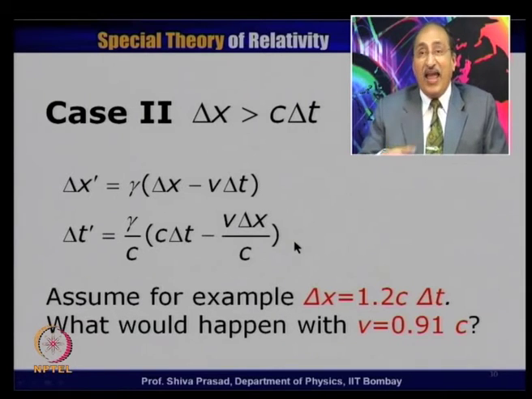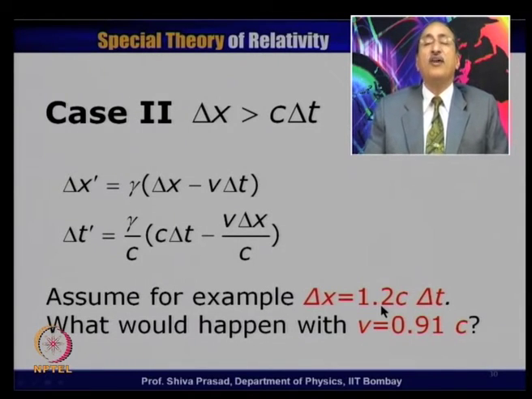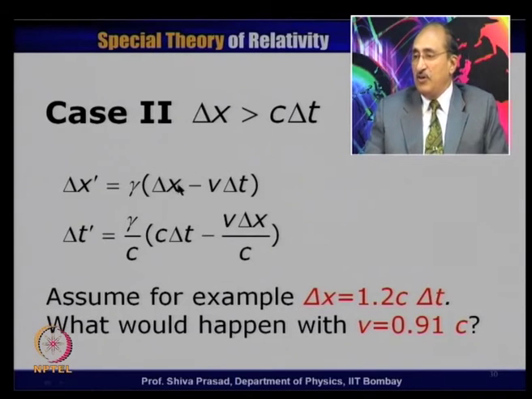But now, because delta x has been assumed to be larger than c delta t, let us take one example. Delta x, assume it to be 1.2 times c delta t. So, delta x has become larger than c delta t. We still take v is equal to 0.91 c and let us see what happens. We substitute delta x is equal to 1.2 c delta t here, and for v I substitute 0.91 c.